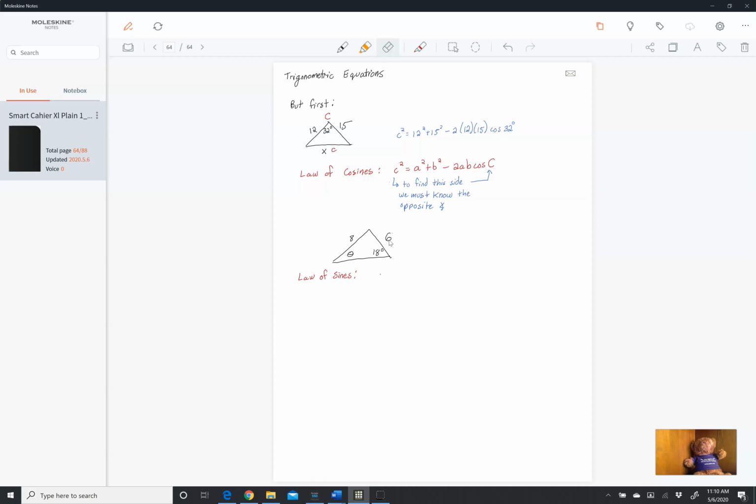I tend to write it as sine A over A equals sine B over B, which is equal to sine C over C. So you're only using 2 of these at any given time.